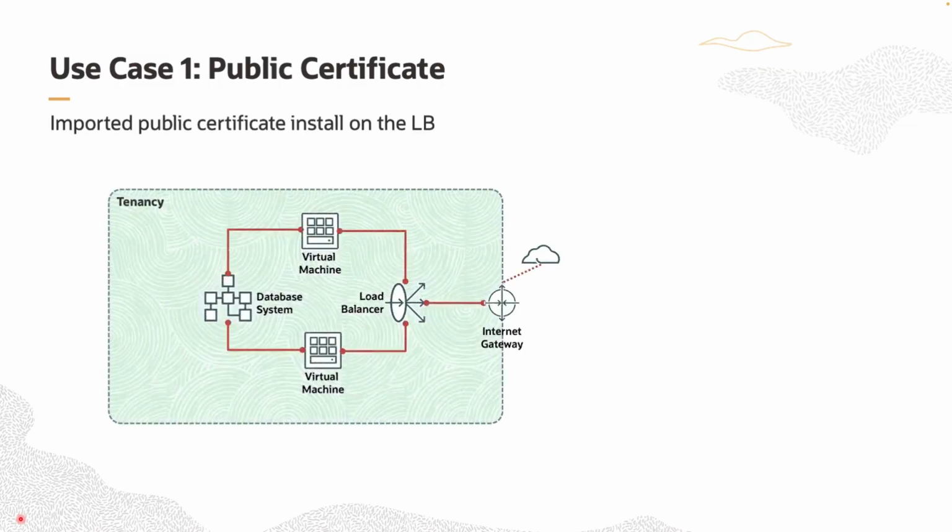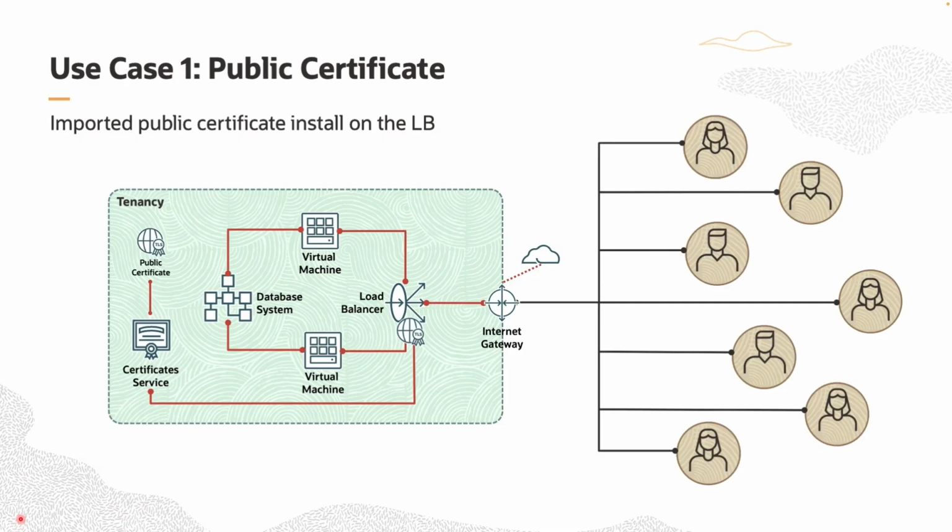In the first scenario, you can import your public certificate to the OCI certificate service and then attach it to the load balancer, where the load balancer will be able to use your public certificate to set up a secure connection with your clients. Additionally, using the certificate service, you can also set up automated certificate renewals to ensure that your connections are always secure.